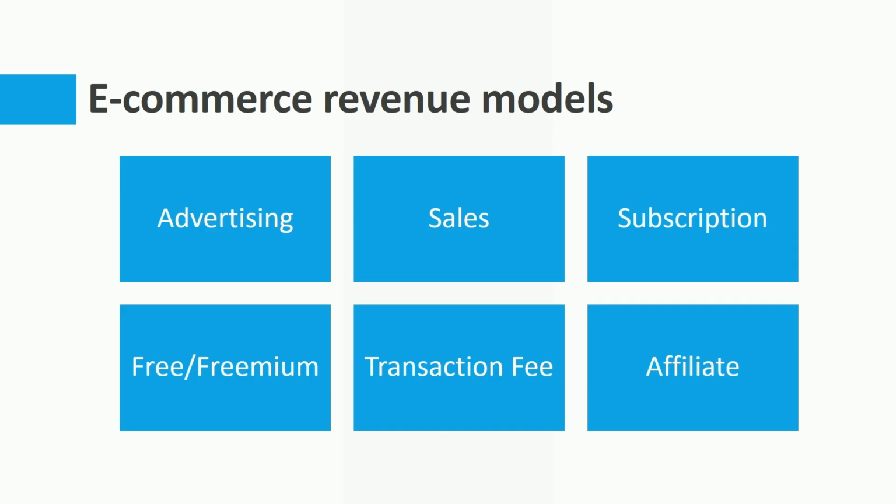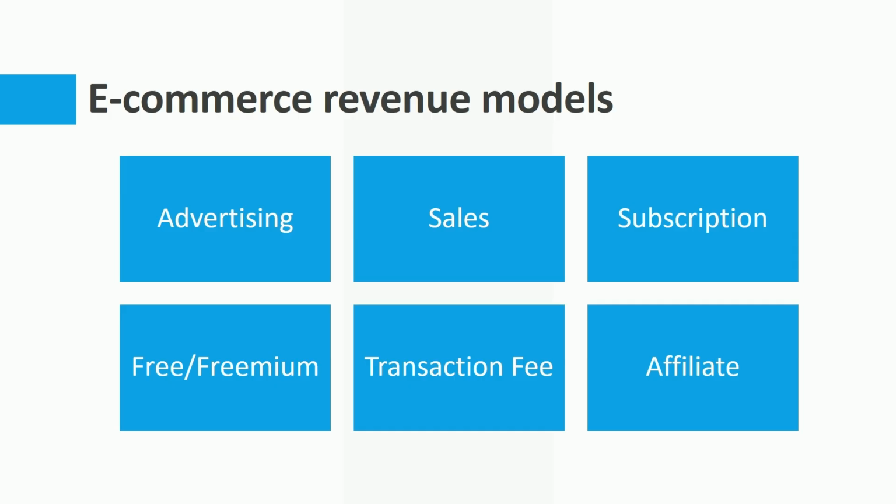The freemium model offers basic services for free and charges for premium features, such as Pandora's subscription radio, and maybe you can see some software that is free, but if you want more advanced features, then you need to subscribe. That's one of the models.